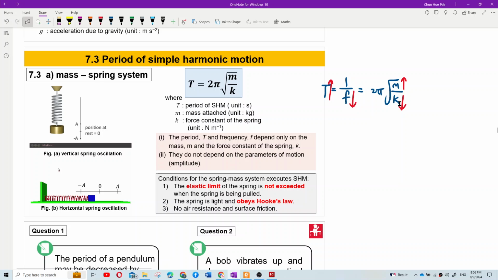If the spring is soft, it has lower k, then it oscillates slower, with longer period and lower frequency. If it is a hard spring, it oscillates very fast, so the period is shorter and the frequency is higher. The other way around.